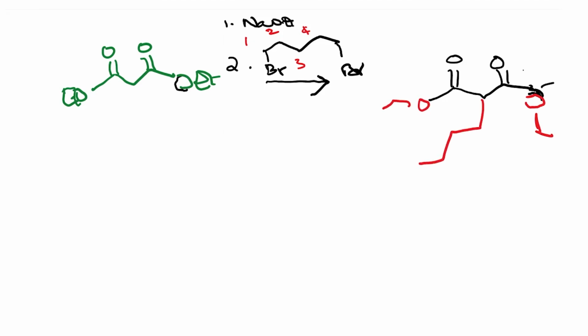So this is 1, 2, 3, 4, and then you have the bromide, so through the enolate formation, and then the second enolate can be generated, and subsequently this second enolate can react with this carbon-bromine bond, and you're going to get a 5-membered ring.